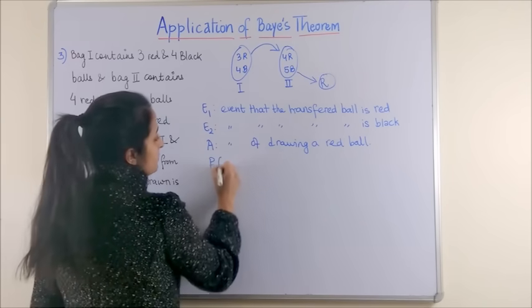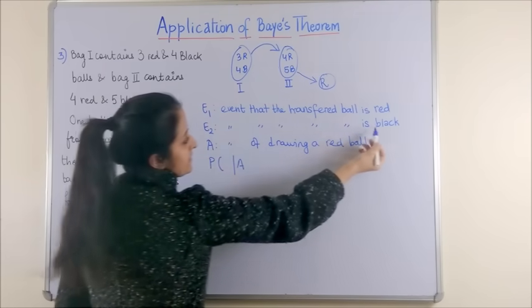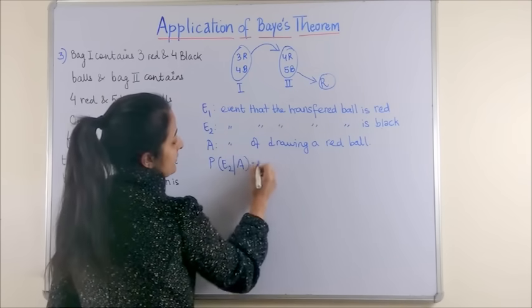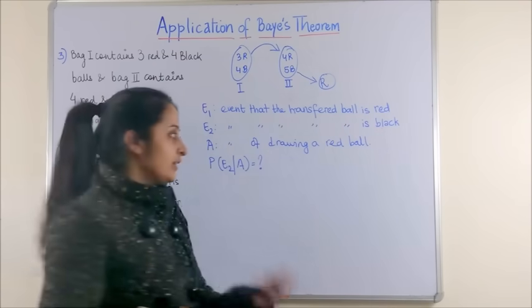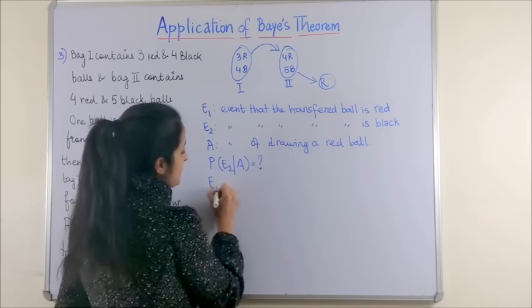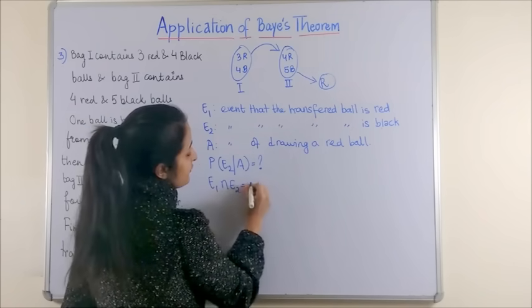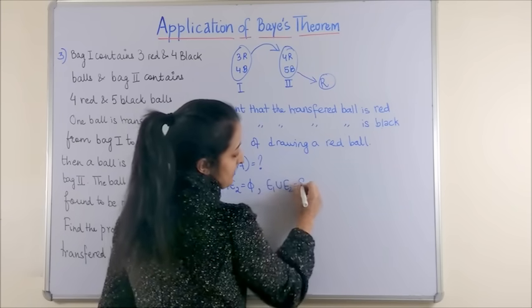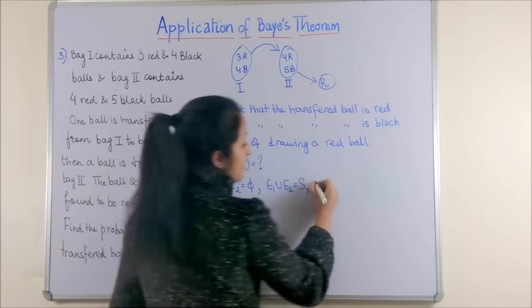We have to find the probability that the transferred ball is black, so E2 given A. Of course, once again we say E1 intersection E2 is phi. Also their union exhausts our sample space in the question.